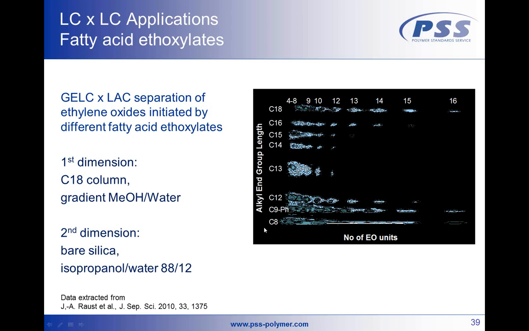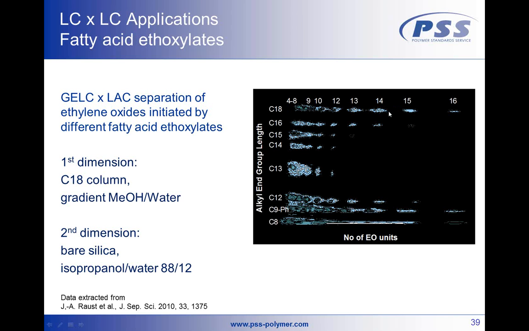In the first dimension, that is now the y-axis, there was a separation by critical chromatography, so the lengths of the ethylene oxide units do not play a role anymore, and you do a separation according to the length of the alkyl groups that you have used to initiate the chains.